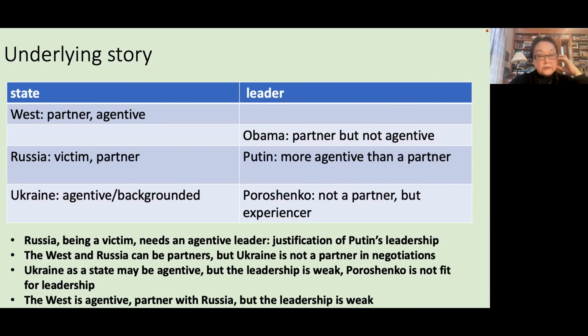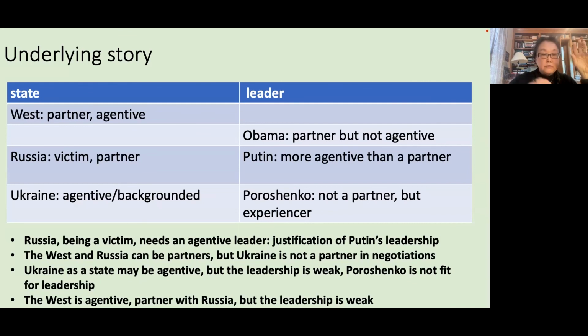Ukraine is agentive, and at the same time, its role is really ambiguous. If you think about Ukraine, the state as agentive or moderately agentive, and at the same time, the leader is not really agentive, and it's not even a partner, but it's only Poroshenko is an experiencer.